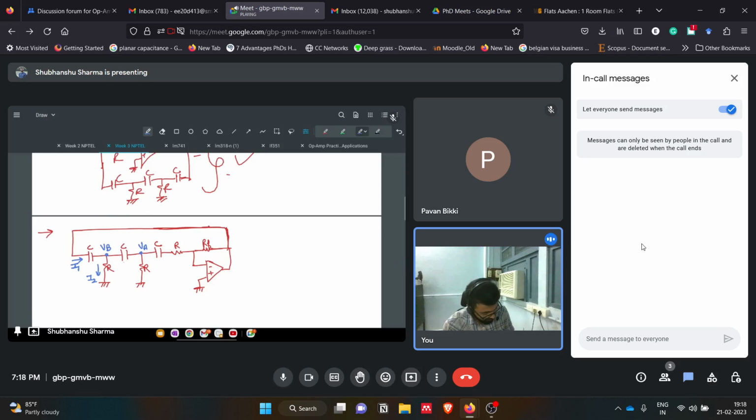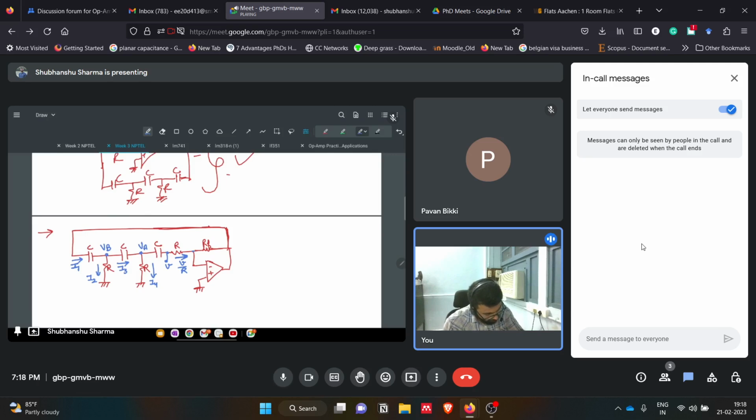This is I3, this was I4, and this voltage we will keep as V. This is V by R. Why V by R? This is 0 by virtual short, and this is V voltage, so the current through this is V by R. Self-explanatory.